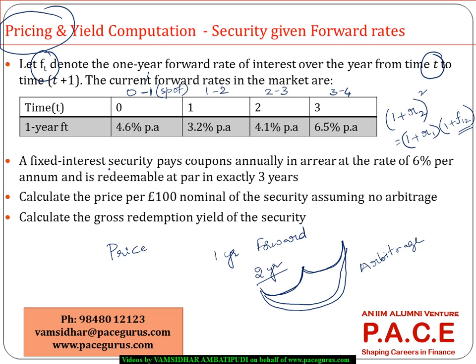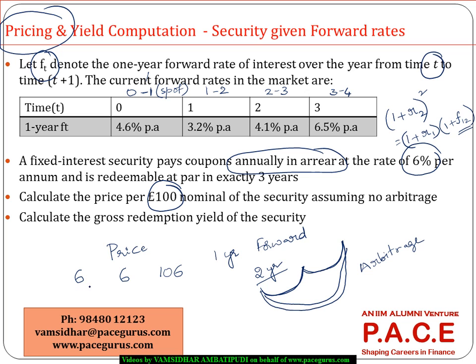Now, our instrument, a fixed interest security, pays a coupon annually in arrears at the rate of 6% per annum, which means at the end of 1 year it is going to pay a 6, at the end of 2 years one more 6, and at the end of 3 years a coupon of 6, and the face value, the nominal value, would also be refunded, which is 100.